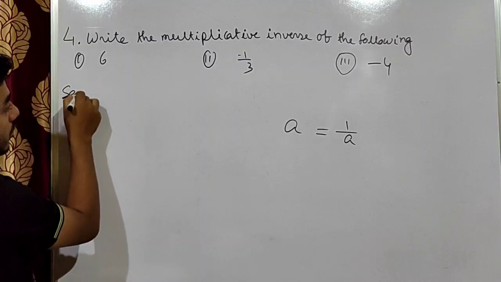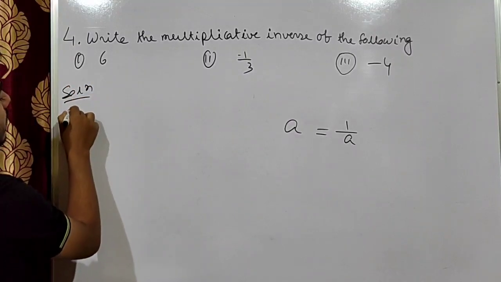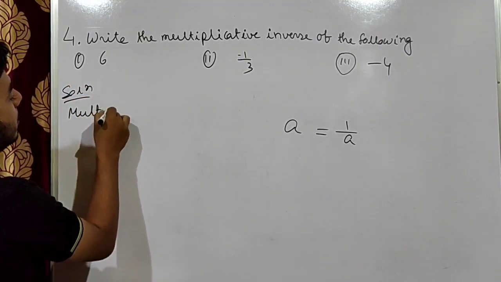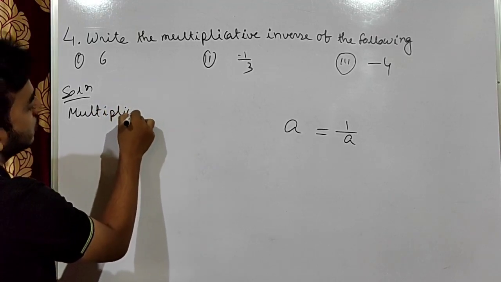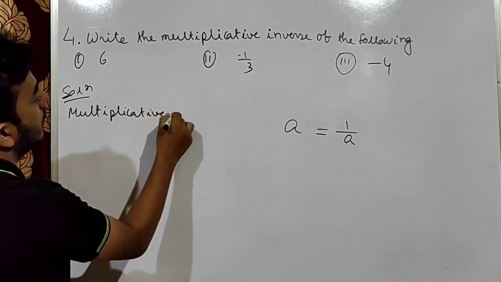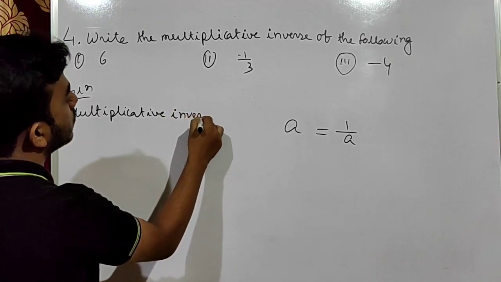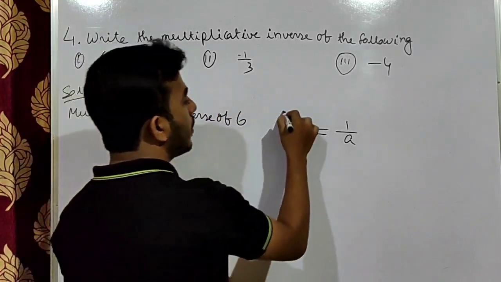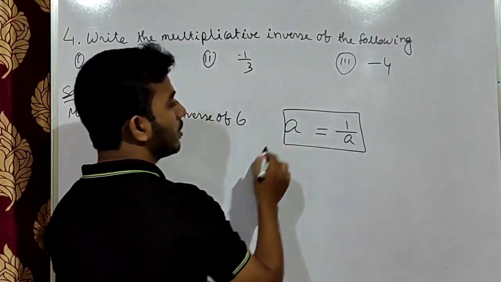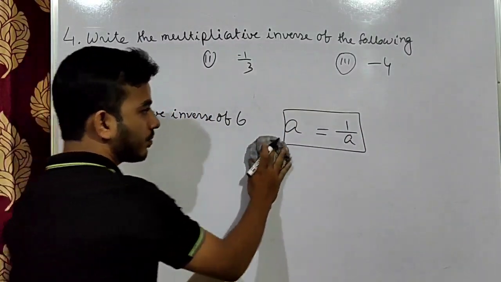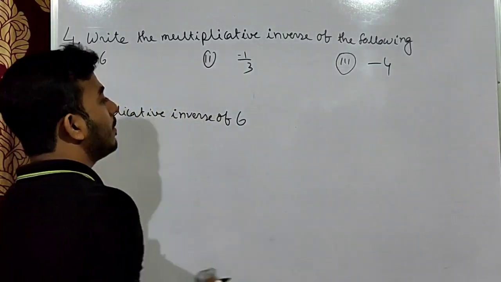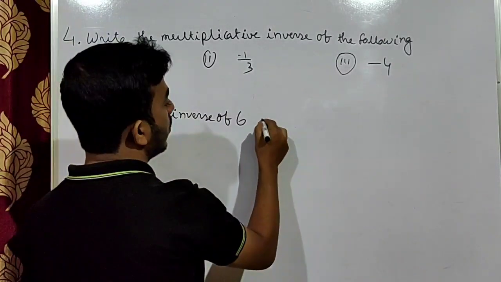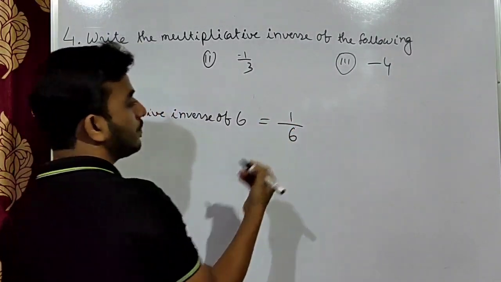So we'll write solution, then multiplicative inverse of 6. Multiplicative inverse of 6 is, you have to write this formula and give a box, right? So multiplicative inverse of 6 equals 1 by 6.